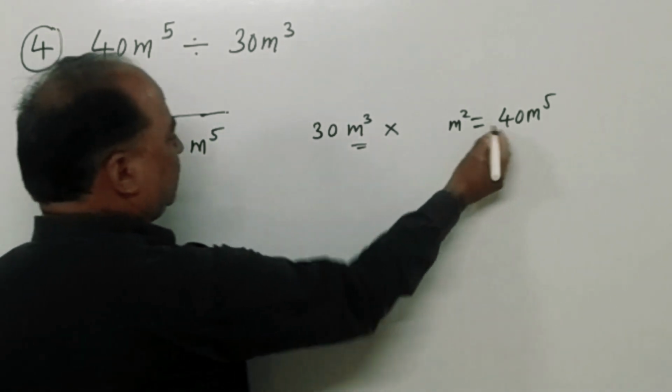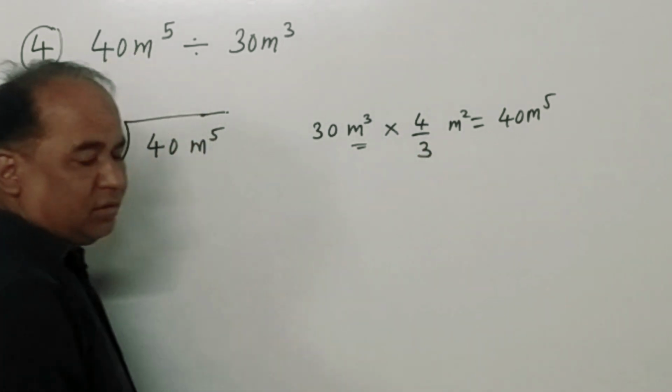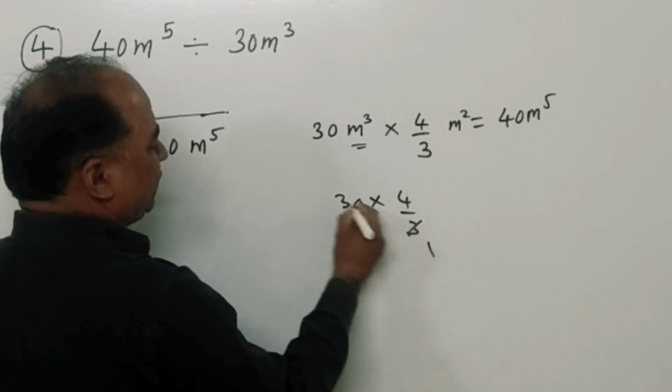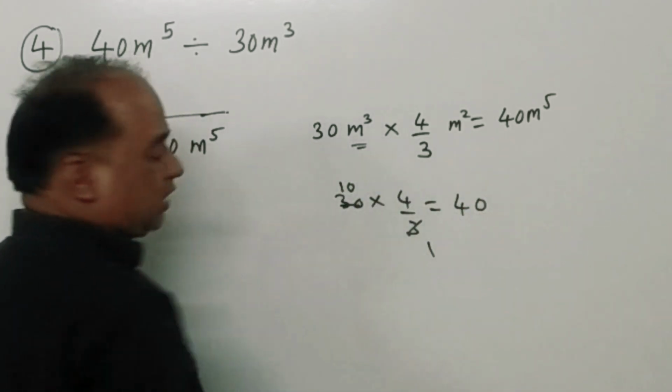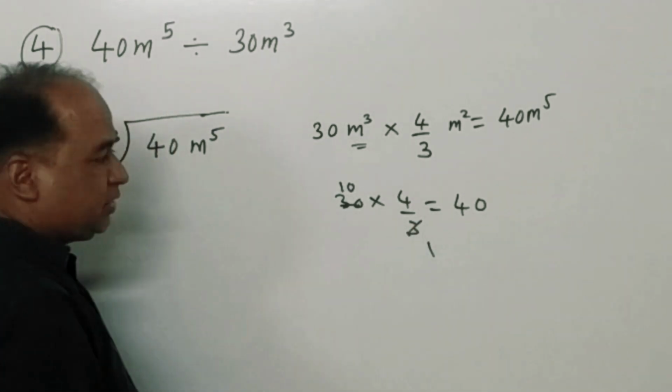Now 30 into 4 divided by 3, we will divide here, 30 into 4 upon 3, 3 1s are 3, 3 10s are 30. So 10 4s are 40. We'll get a quotient there.